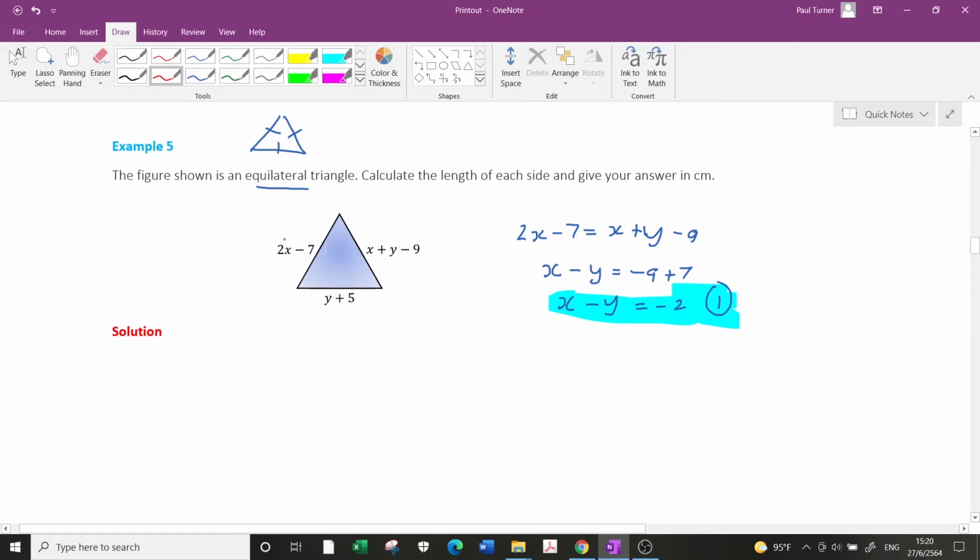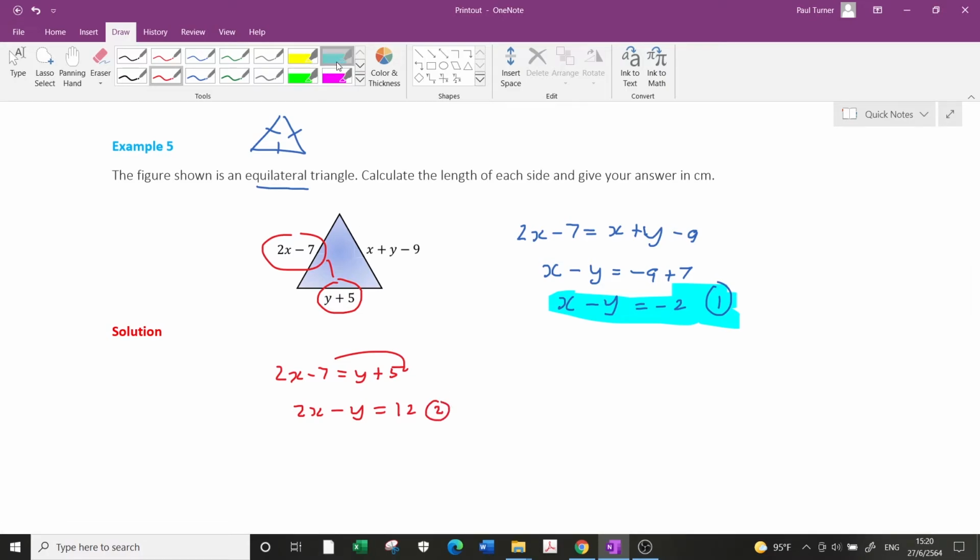So we could say 2x minus 7 is equal to y plus 5, which is true because they're equilateral. So a second equation would be 2x minus 7 equals y plus 5. So let's simplify this. We'll have 2x minus y equals 7 plus 5, which will give us 12 here. So that's your second equation there.